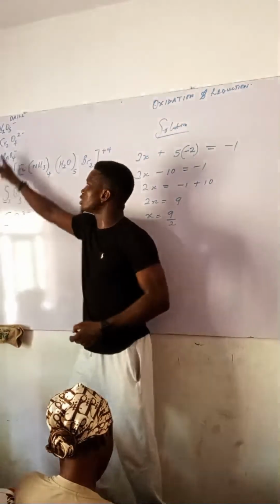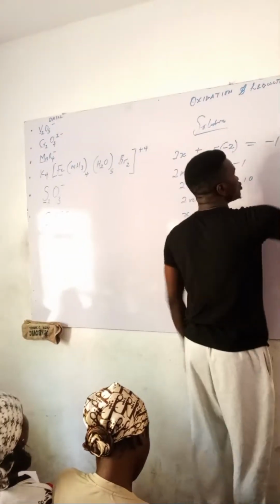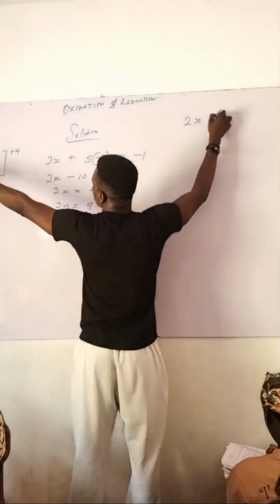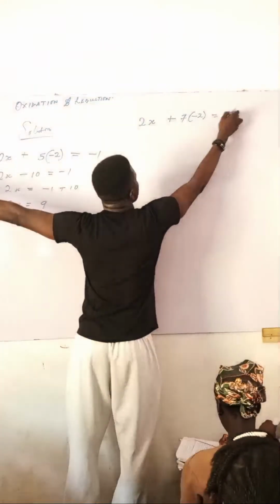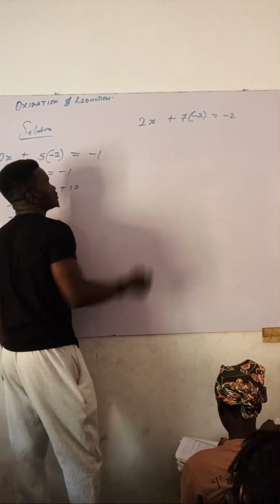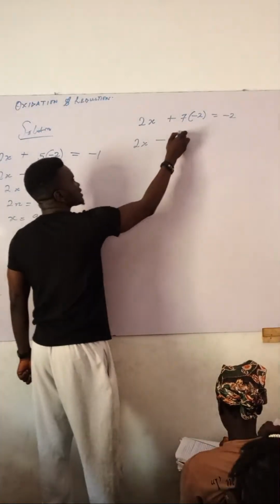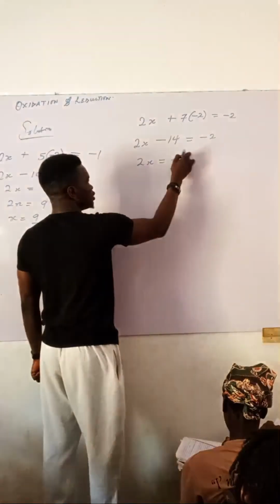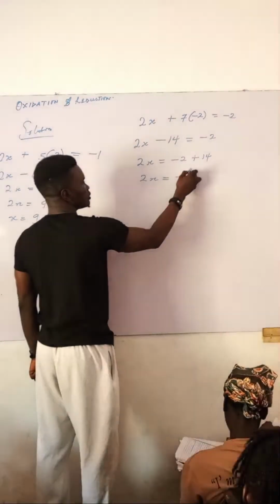So, the second one, can we do the second one? What's that going to be? 2x plus 7 into minus 2 equals the charge. 2x minus 14 equals minus 2. 2x is going to be minus 2 plus 14.